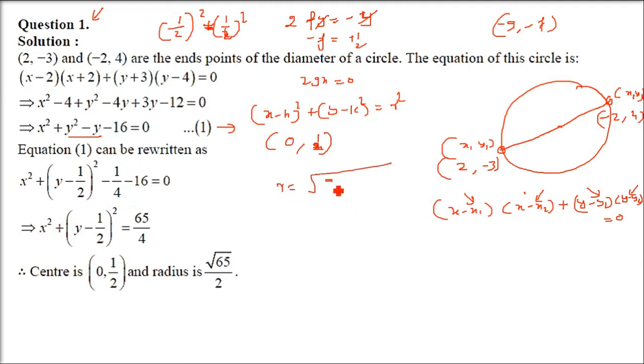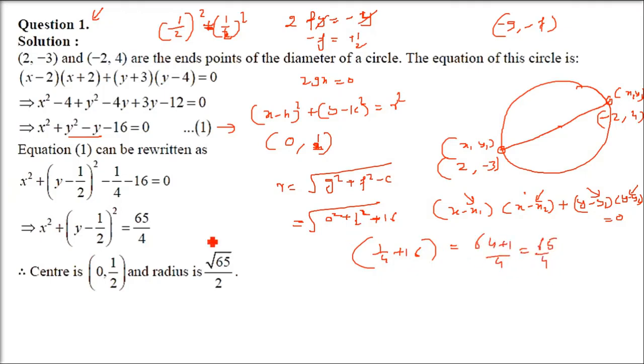And there was one more way of finding the radius: under root g square plus f square minus c. G is 0 and f we just found out to be half; minus f or f doesn't matter because it is going to be squared. So half square plus 16, that is 65 by 4. Under root of this is r.